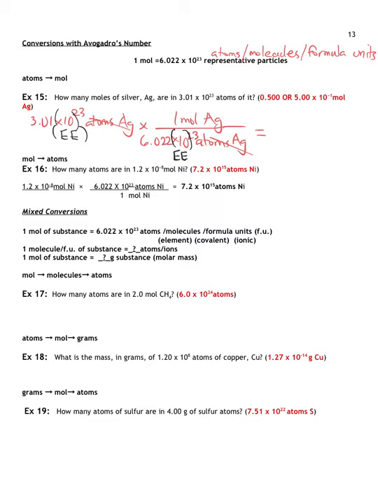So when you're typing this number in, you're typing 3.01, press the E button, and then 23, divided by 6.022, press the EE button, and then put 23 as the exponent, and then you'll get your final answer, which is, in the end, 0.500 moles of silver. Oops, sorry, I put 0.55. So 0.500 moles of silver.